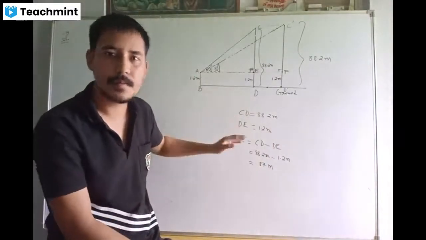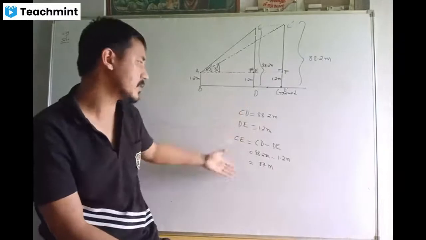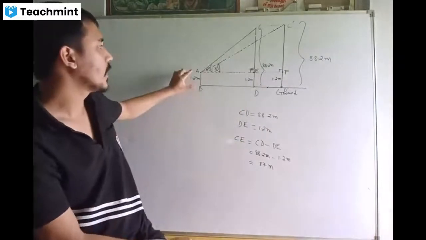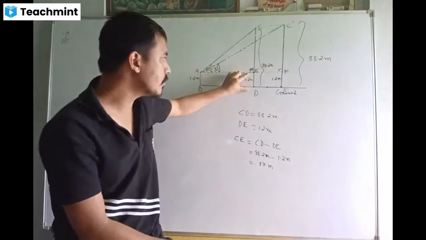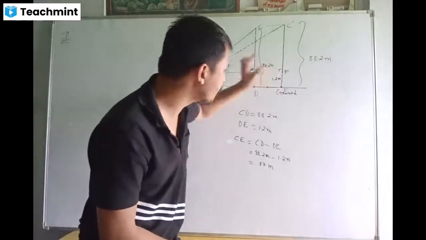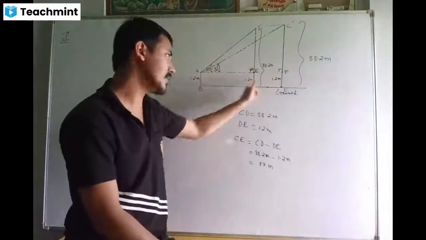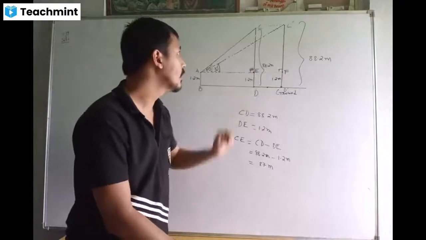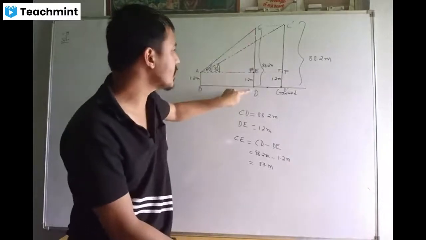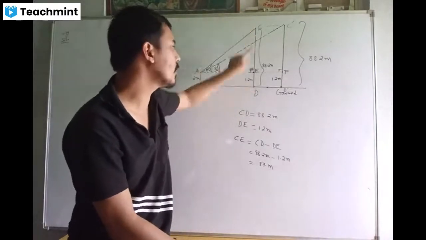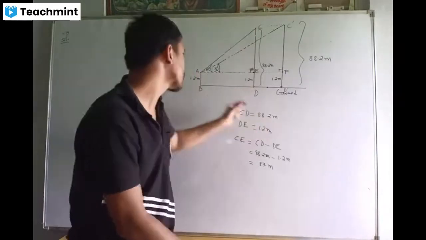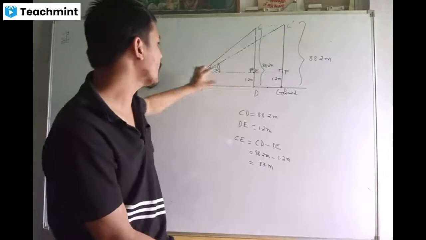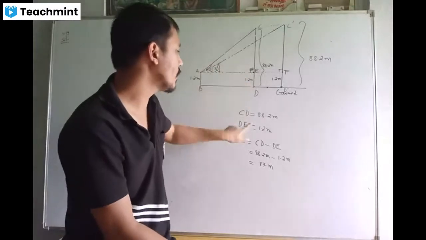All right? Immediately after you draw the figure, you need to start writing this. You need to write this as well: AB is equal to DE, which is also equal to D dash F. Why? Opposite sides of a rectangle are equal. Now, we know that CD, the full height of the balloon from the ground, is 88.2 meters. DE and AB are equal, so DE is 1.2 meters.